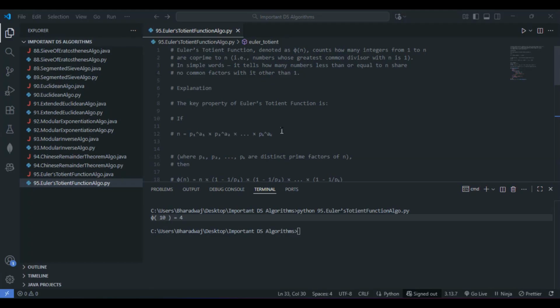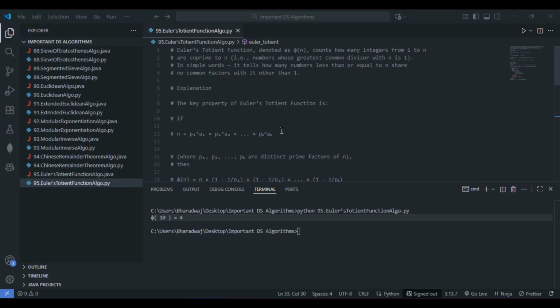Next, what shall we discuss? Which algorithm? We are left with some four algorithms. Tomorrow, we'll be discussing the Miller-Rabin primality test as well as the Pollard Rho factorization algorithm. After that, we are left with only two algorithms, nothing but the fast Fourier transform algorithm and the number theoretic transform algorithm, right?